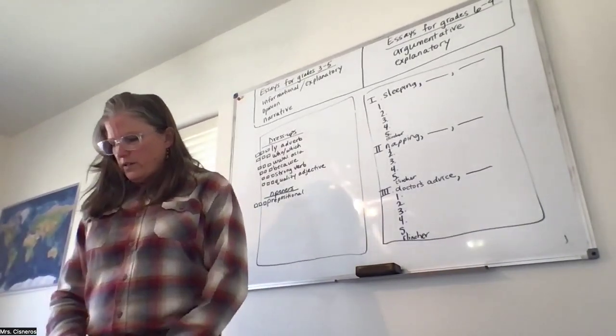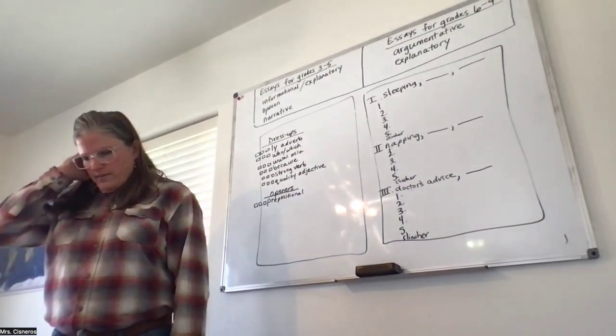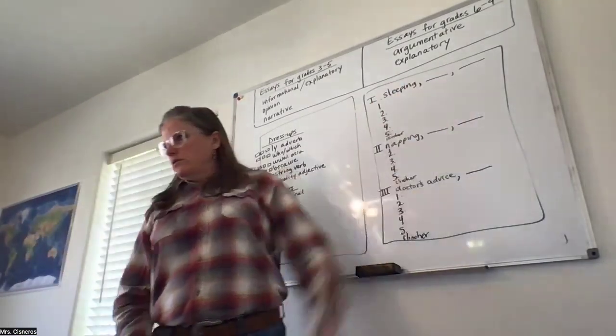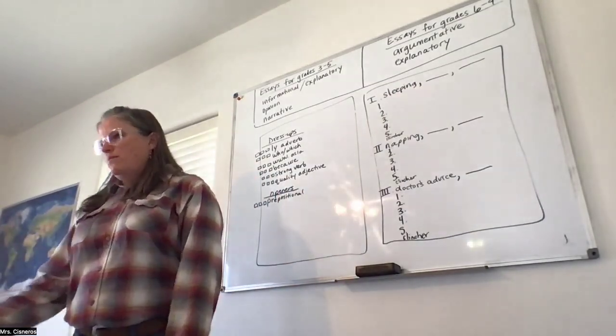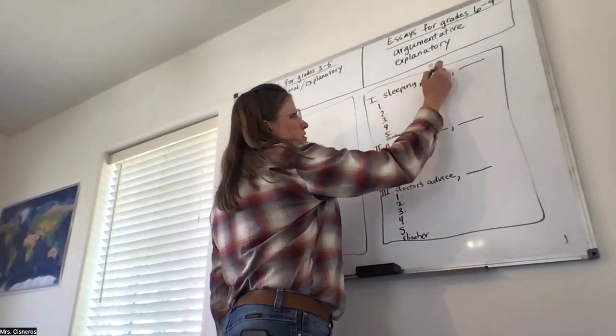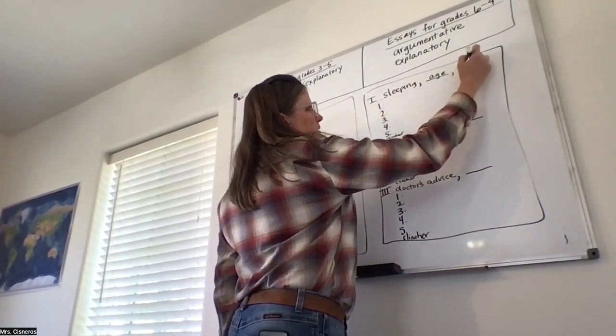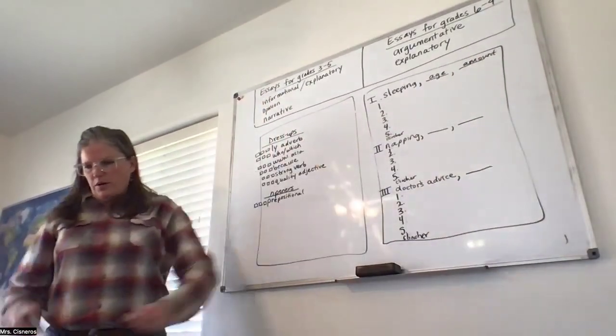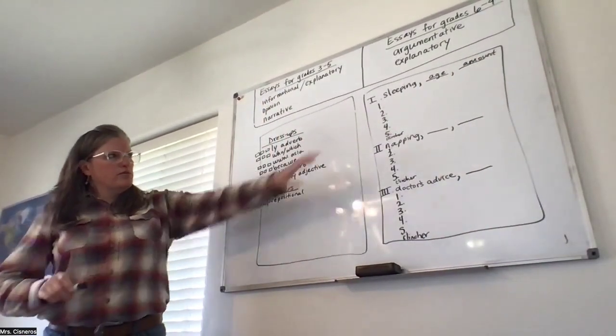So we could do words like age and amount, because it depends on your age, how much sleep you should have. So we could put that, age and amount. So let's just focus on that first paragraph for now, that first Roman numeral 1.